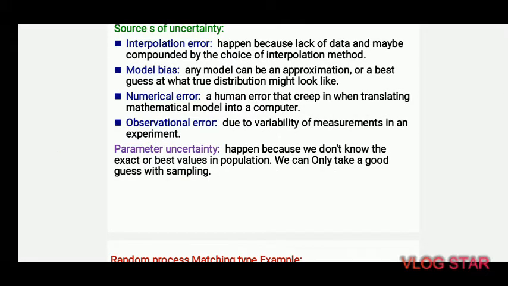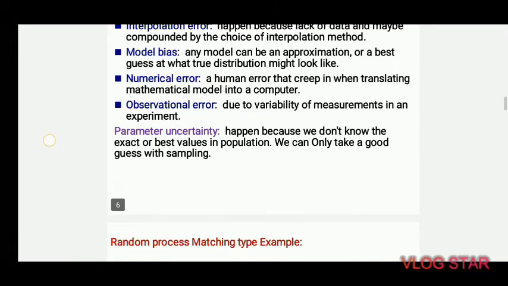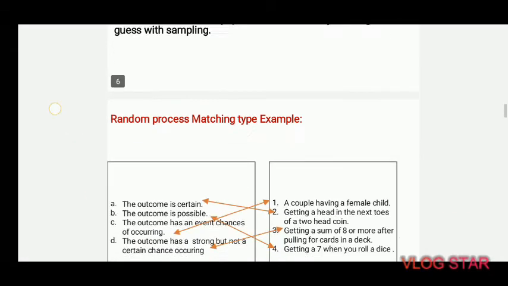Numerical error, a human error that creeps in when translating a mathematical model into a computer. Then observational error, due to variability of measurements in an experiment. Parameter uncertainty happens because we don't know the exact or best values in the population. We can only take a good guess with sampling.